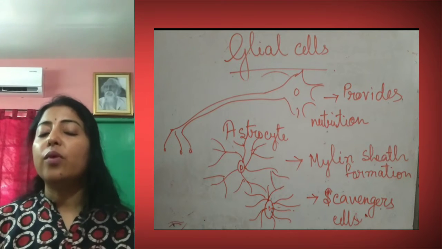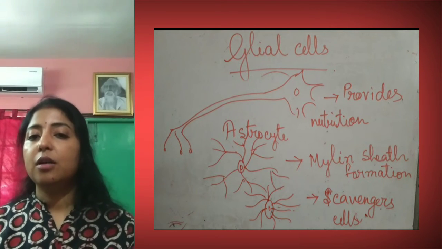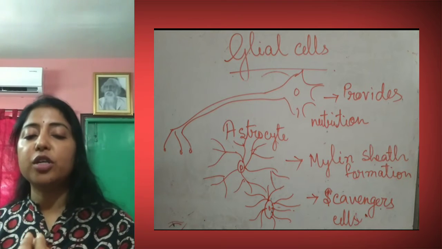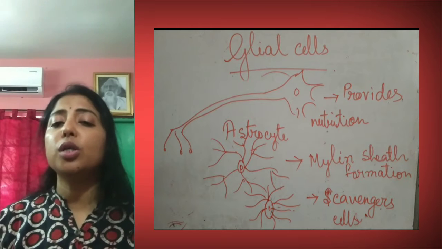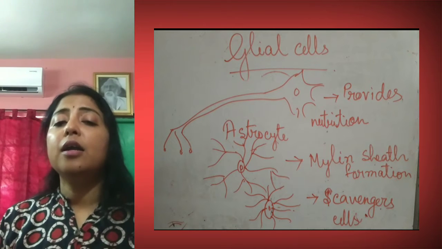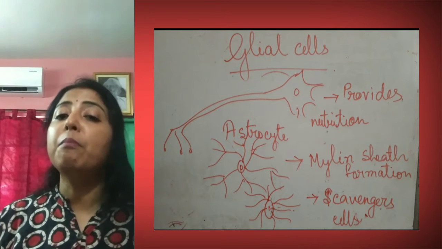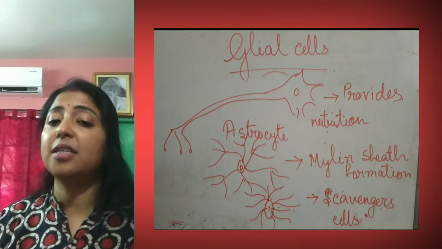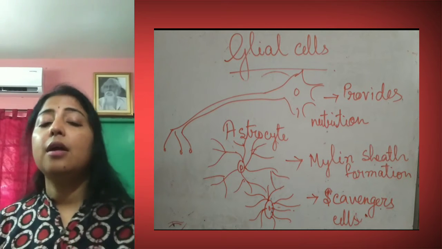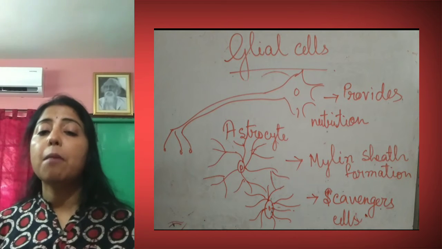Okay. Second one is oligodendroglia. Here some cell bodies and cytons are present, and some branches are also present. Oligodendroglia are involved in the formation of the myelin sheath of neurons, which acts as an insulator. I told you that.